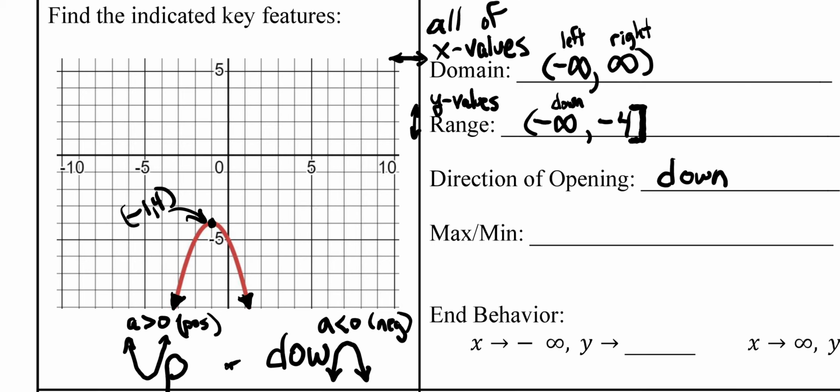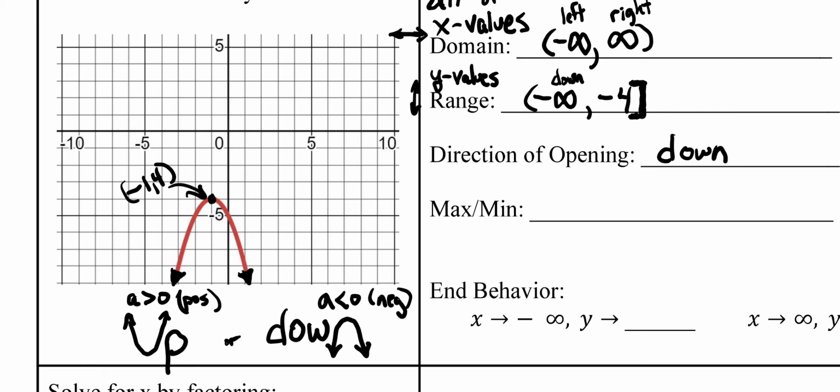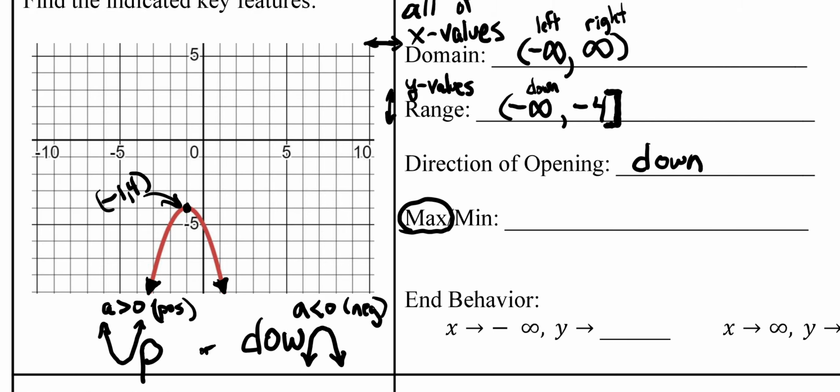Okay, maximum or minimum. It's either one or the other. In this case, there is a highest point, which means there's a maximum. Minimum means there could be a lowest point. But the fact that this goes down and continues to go down means there's no lowest point. Whatever point you put down there, it continues to go down.